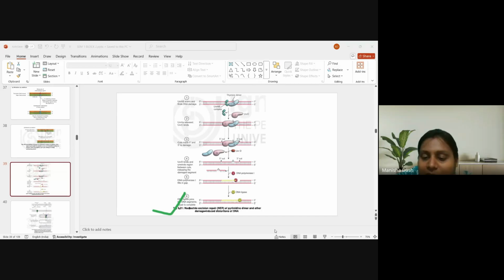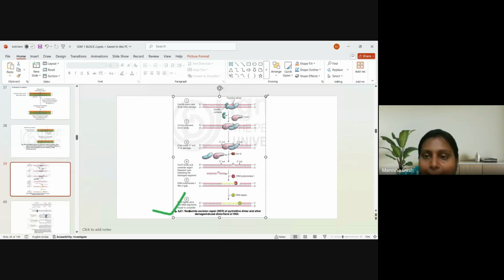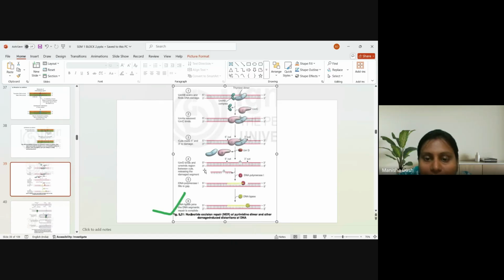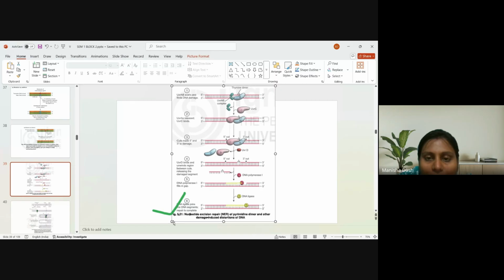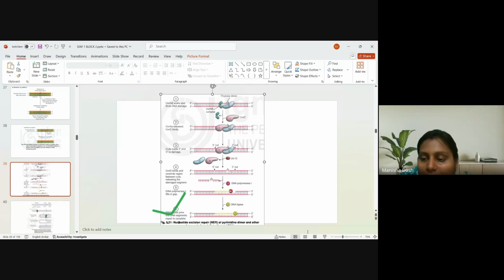Okay. So this is very simple, as you can see in the steps. So this is actually working on which type of defect? Now this is working on a thymine dimer. Okay. So this is actually a UV-induced mutation repair.